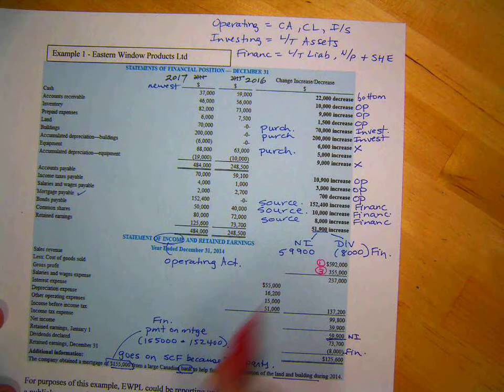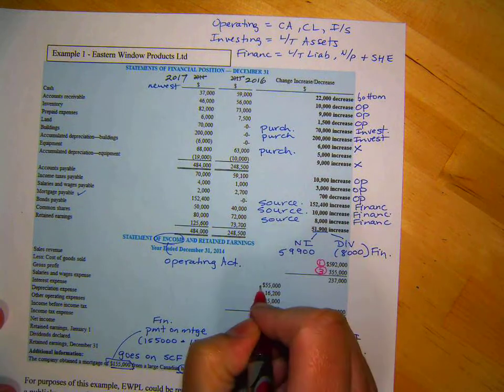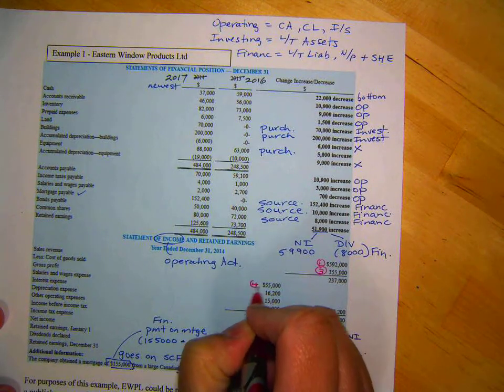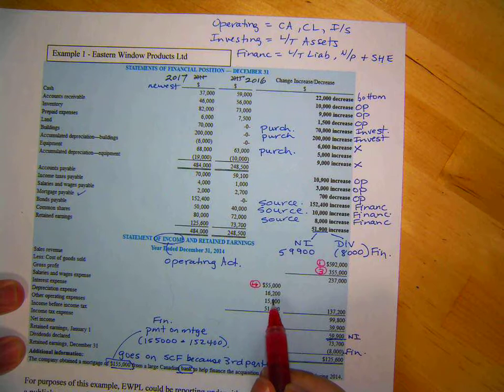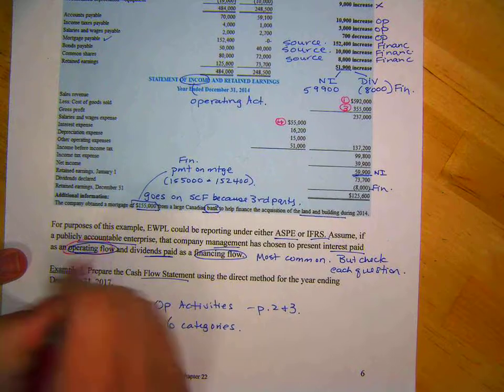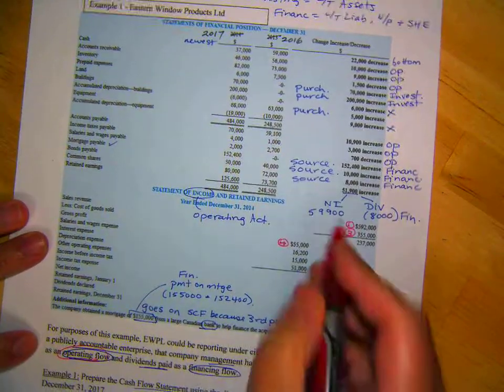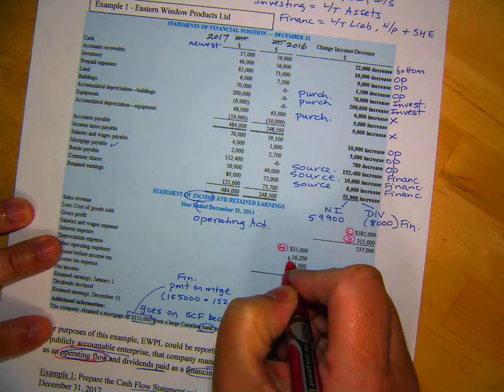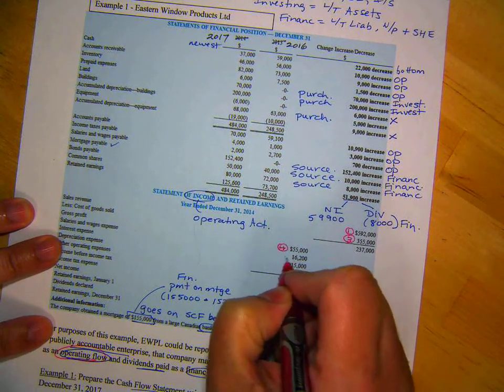Subtotals are never in there. How about salary and wages? Well, that's cash payments to and on behalf of employees, so that's section 4. Interest expense is cash payments for interest and dividends that belong in operating, and here interest is operating, so it would go in section 5.